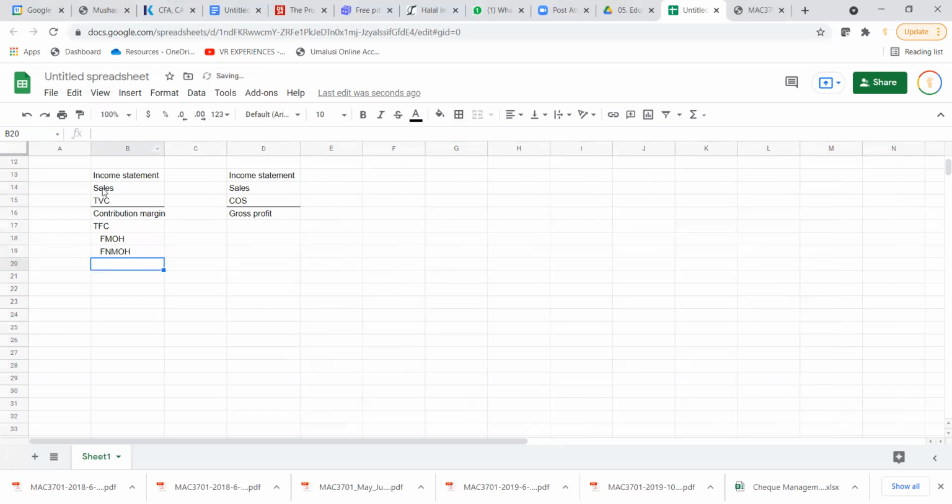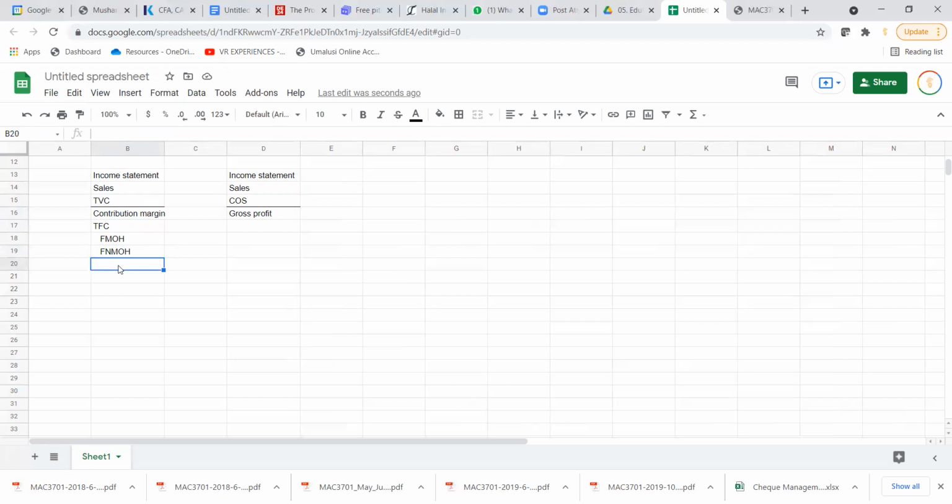So here we have sales minus total variable costs, which gives us contribution margin. Then contribution margin minus total fixed costs. What is total fixed costs? It is made up of manufacturing fixed costs as well as non-manufacturing fixed costs.